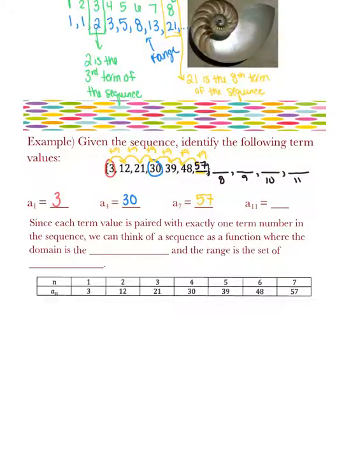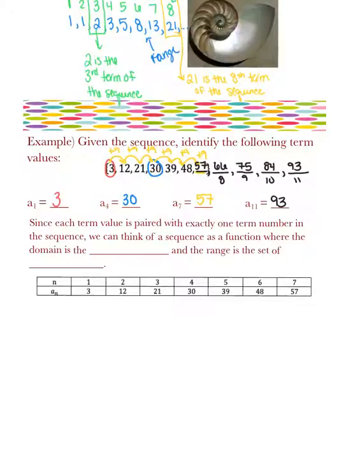So I'm going to have to continue to add 9 for a few more steps. If I add 9 to 57, I'll get 66. If I add 9 again, I'll get 75. Add 9 again, I'll get 84. And if I add 9 one more time, I'm going to be at 93. So a sub 11 is 93.